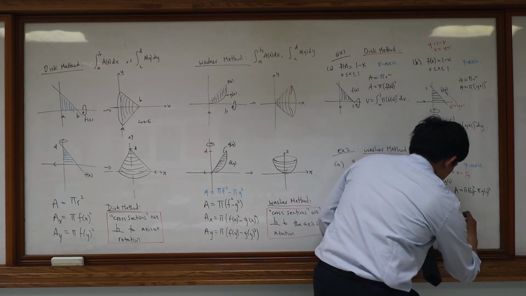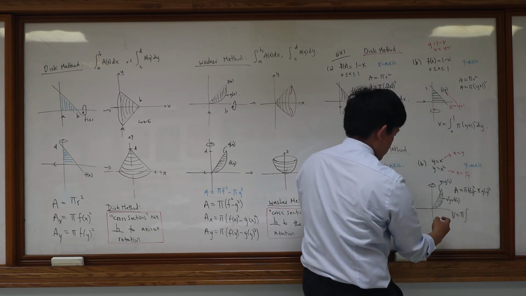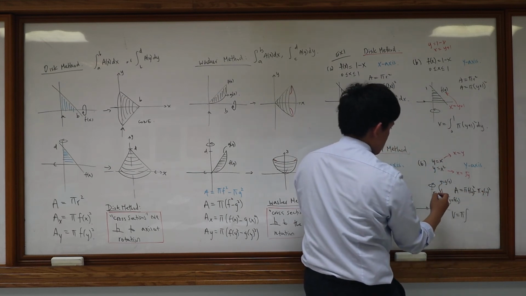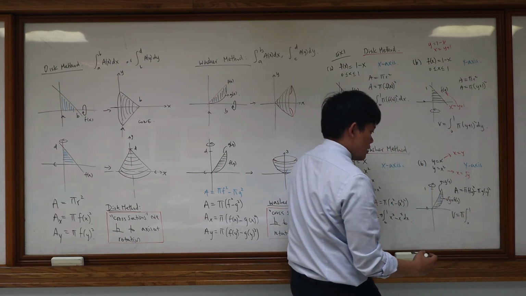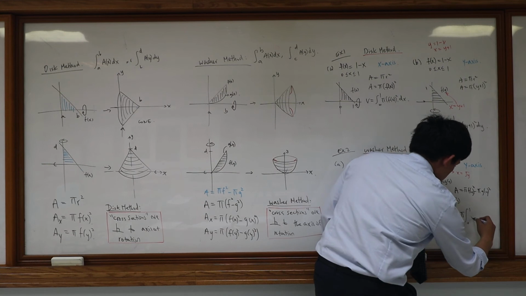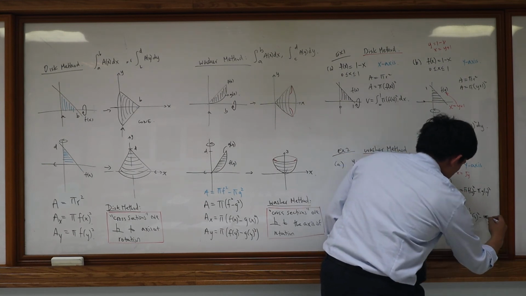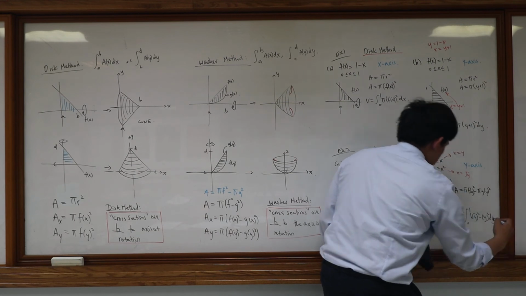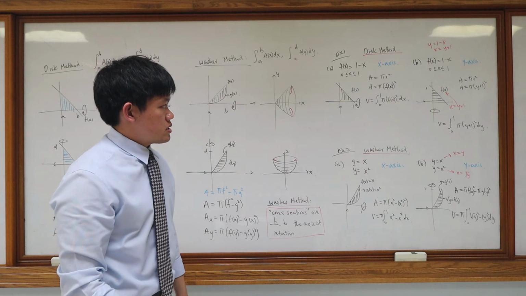So we know the volume is equal to pi on the outside because we just factor pi out. We're going from 0 all the way to 1. So 0 to 1, and then we have the function, so it's the square root of y squared minus the bottom function, which is y squared, dy. Okay, so those are the examples for disk and washer method.